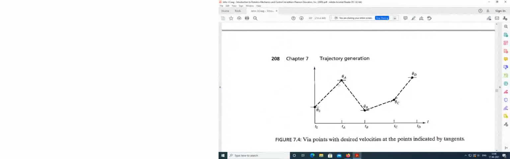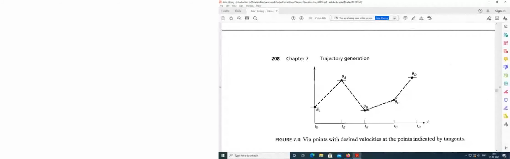But the constraint which we are going to add is that it has to be smooth, because the velocity should not change abruptly. So that will provide me one more condition at this point, and this point.